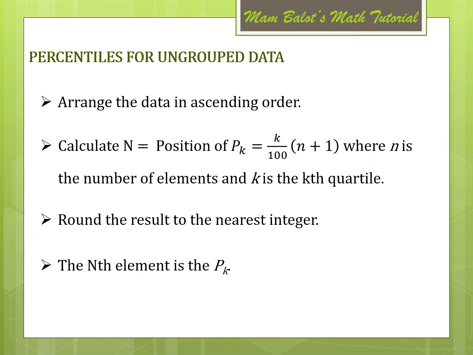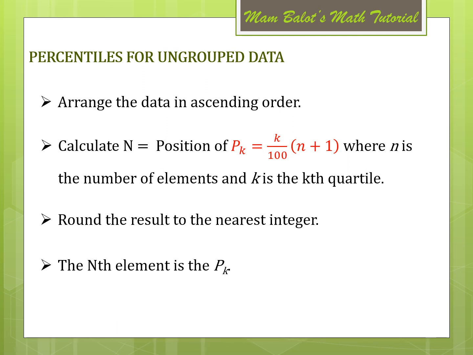To compute for the percentiles for ungrouped data, again, it has the same steps as computing for the quartiles and deciles, but the only difference is in computing for n: in quartiles, the denominator is 4; in deciles, the denominator is 10, while in percentiles, the denominator is 100.